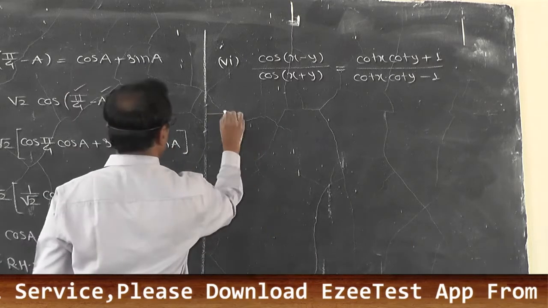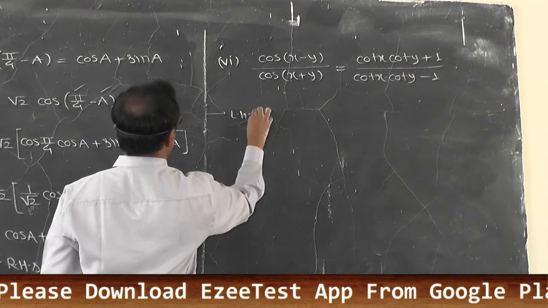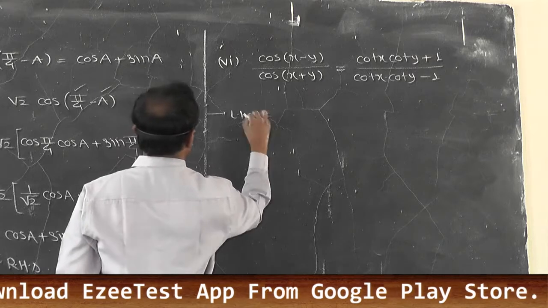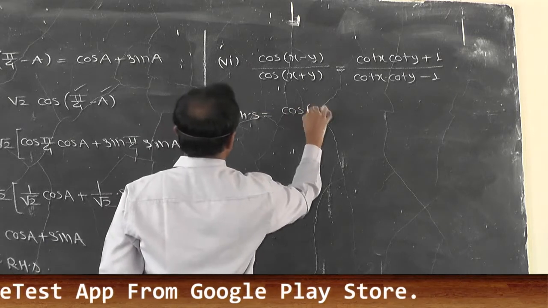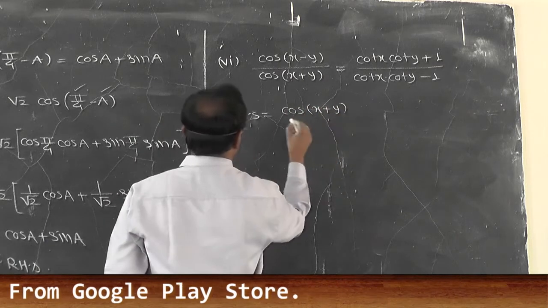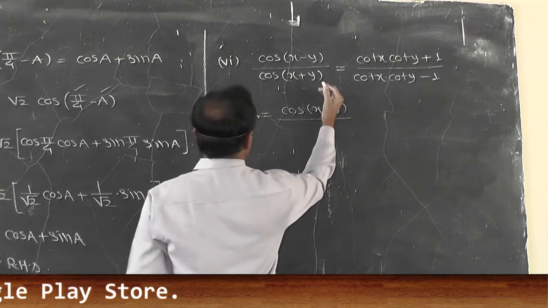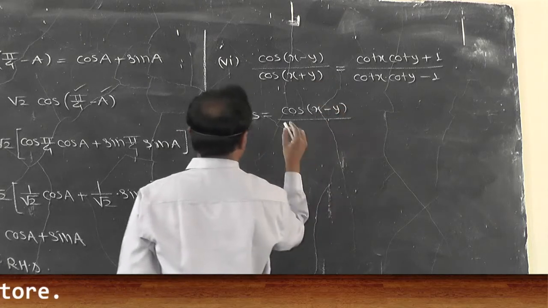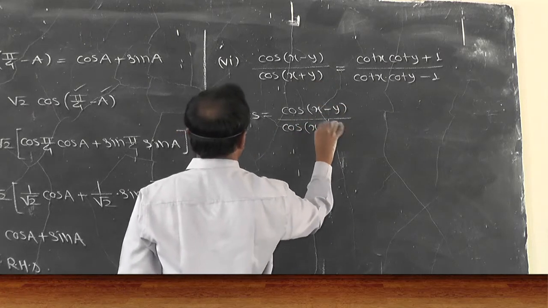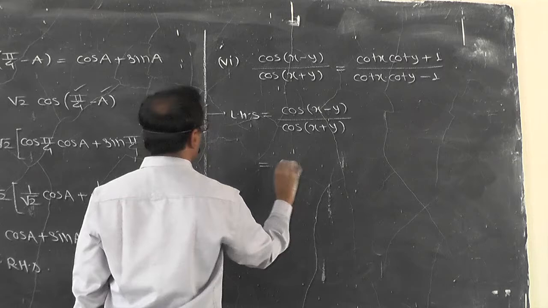Now in order to prove this one, again the same technique. Take LHS: the numerator is cos of (x minus y) and the denominator is cos of (x plus y).